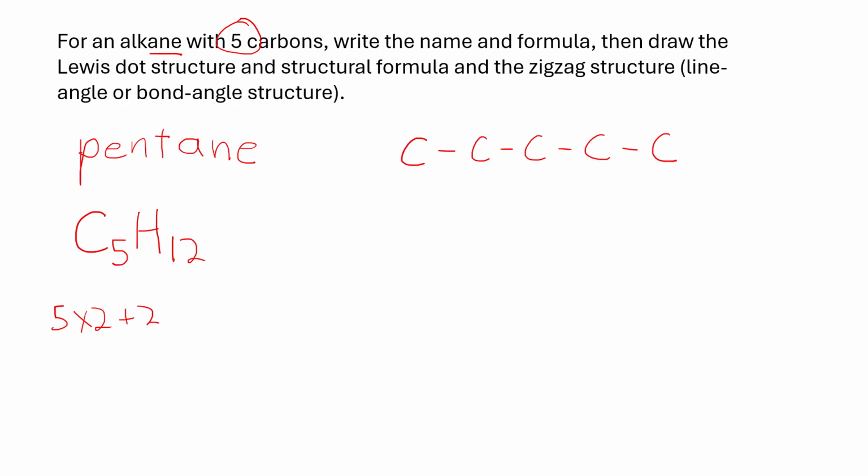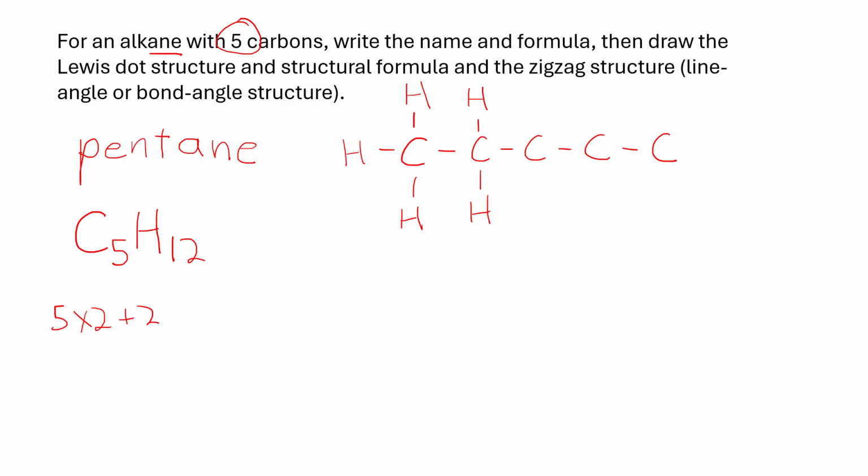When we draw these Lewis dot structures, we make everything very square. We go above, below, to the left, and to the right. So for this first carbon on the far left, we can draw a hydrogen above, a hydrogen to the left, and a hydrogen down below. On that second carbon, we're going to add a hydrogen above and down below.